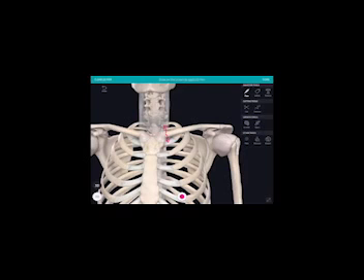And then the entire clavicle will also move this way or this way. This happens when you bring your arm across your body, the clavicle has to move anteriorly. So that is another movement that happens here.